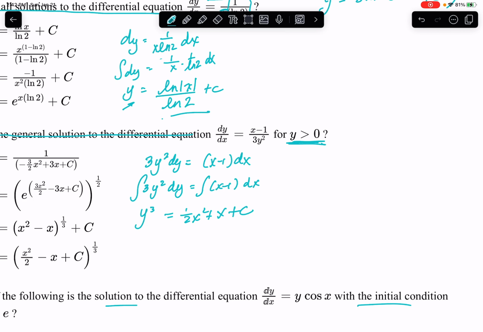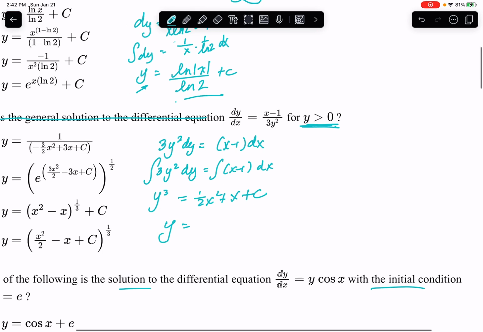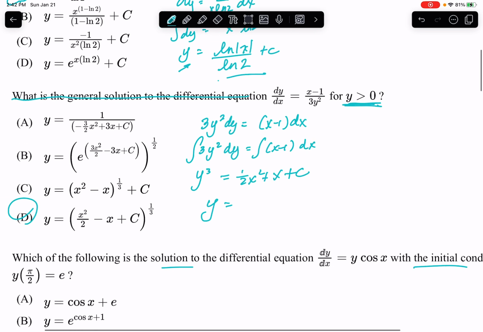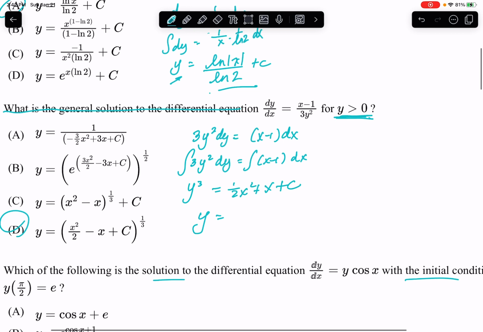So y equals, I'm looking to see what they have. They have this whole thing to the 1/2. Y equals the cube root of 1/2 x squared plus x plus c. So this looks like I have a negative sign wrong. Why does this have a negative x?